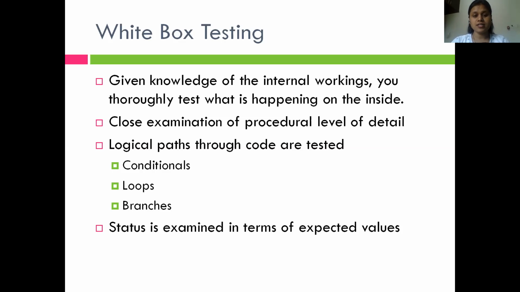When the system is in the development phase, at that time only white box testing is used, and when the system is completely implemented, at that time black box testing is used. So first white box testing is used, and then black box testing is used. In the last lecture, we also saw multiple types of black box testing. Today we are going to see white box testing and many more testings in detail.